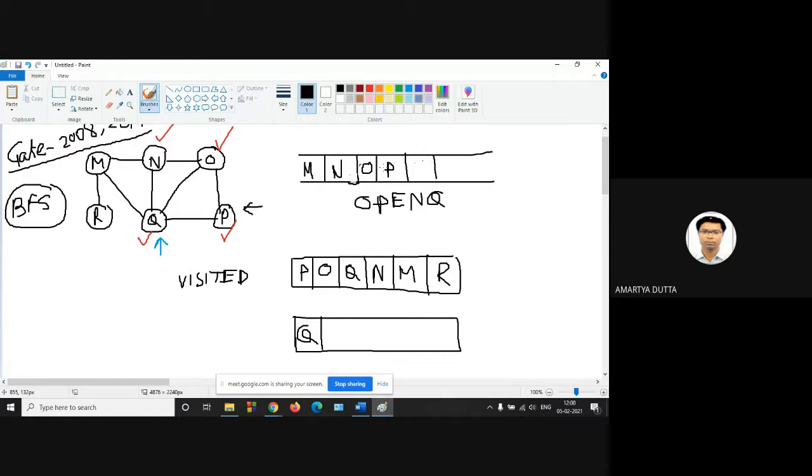Okay, right? Now what is the next deleted vertex? M. So write down M here and delete that M from this.